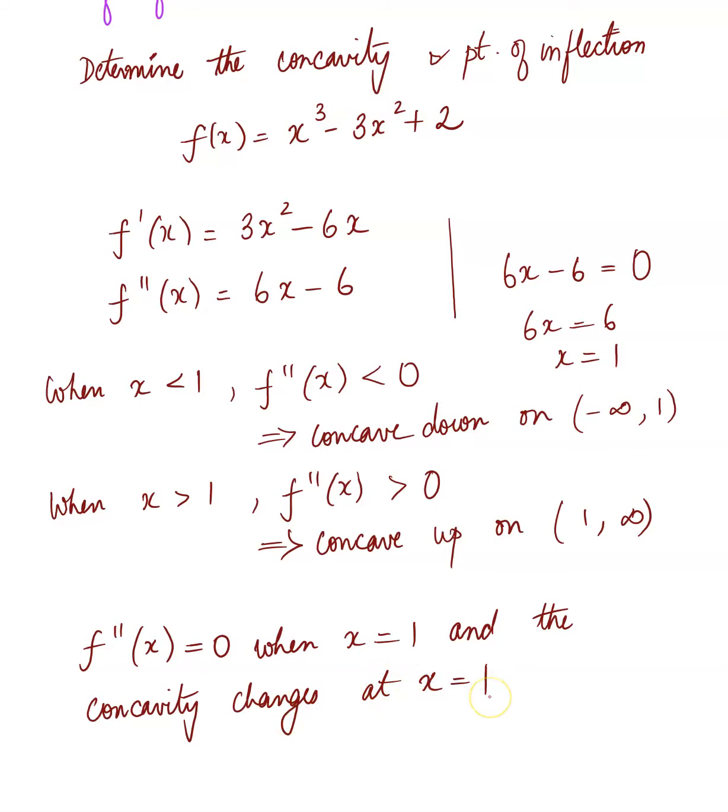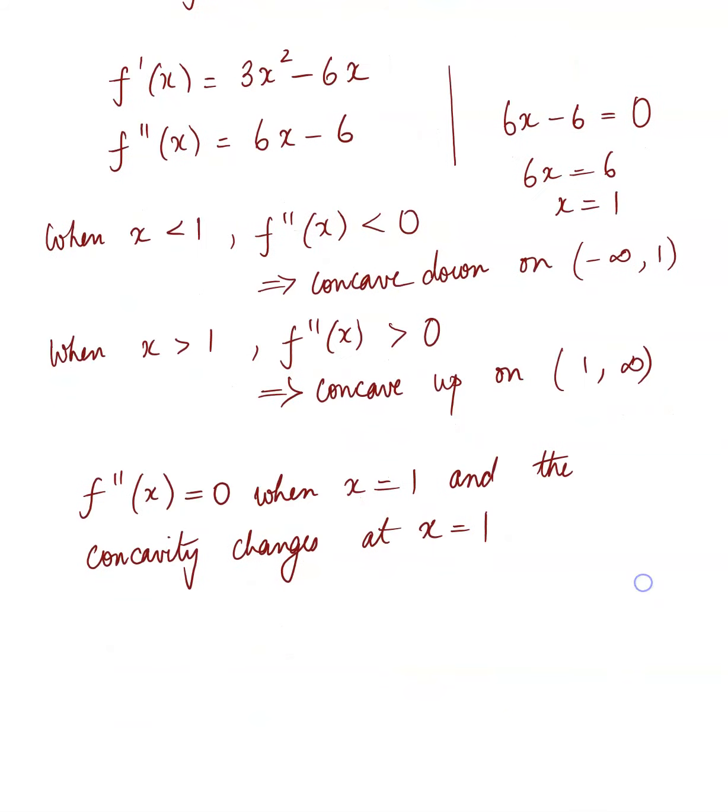It changes from concave down to concave up, which implies there is a point of inflection at x equals 1. You can go further and find the coordinate for that. And this is how the graph will look.